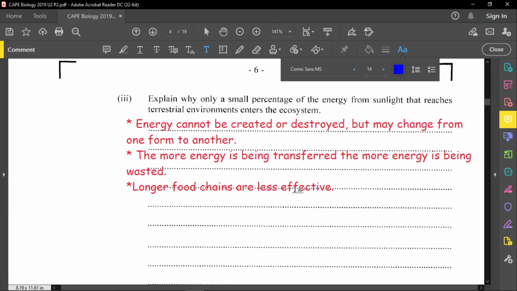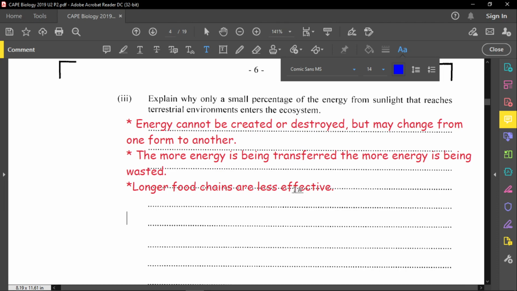So plants and plant-like organisms that photosynthesize absorb the energy from the sun, which is solar energy, and convert it to chemical energy. Chemical energy is then transferred between organisms, so between the consumers, they will transfer chemical energy. All right, and so that's very important to know.